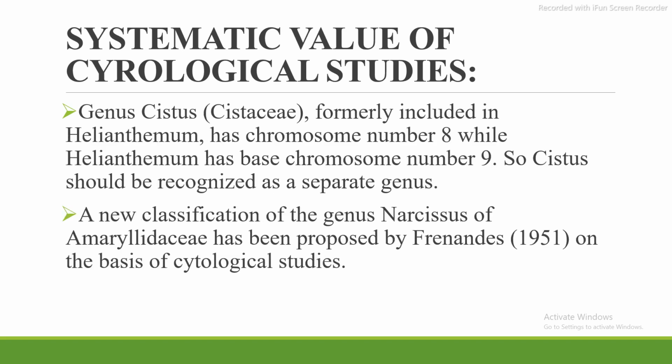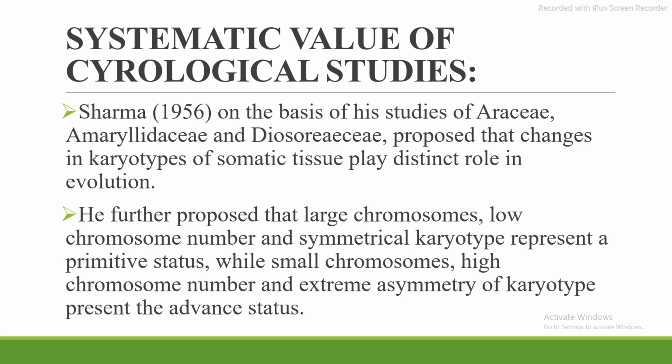The genus Cistus of Cistaceae, formerly included in Helianthemum, has chromosome number 8, while Helianthemum has the base chromosome number 9, so Cistus should be recognized as a separate genus. A new classification of the genus Narcissus of the Amaryllidaceae was proposed by Fernandes in 1951 on the basis of cytological studies.